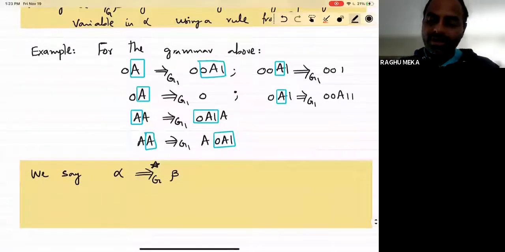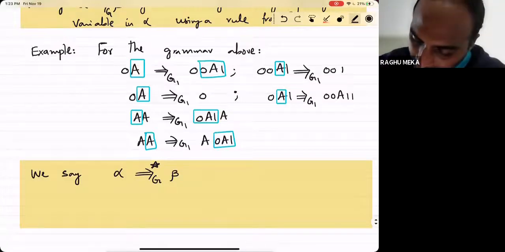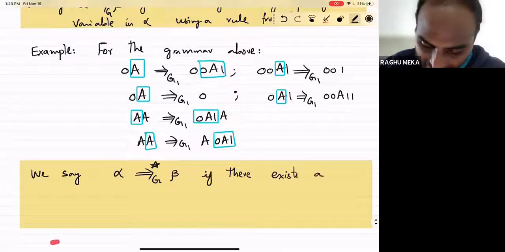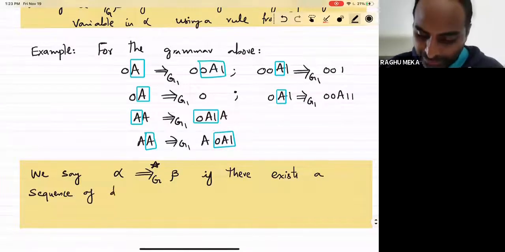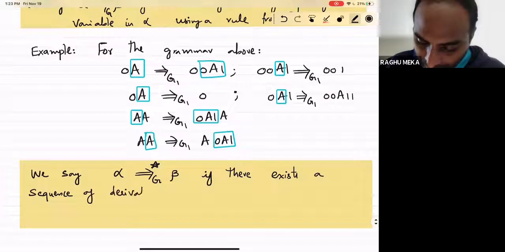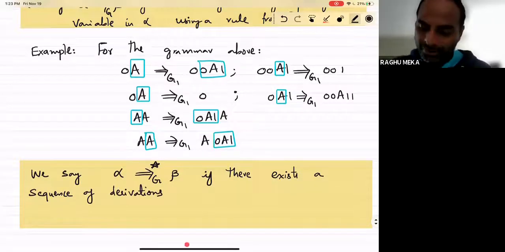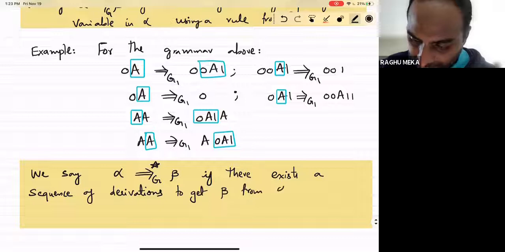And when I put a star, that means I can apply the rules again and again. So if there exists a sequence of derivations to get beta from alpha.